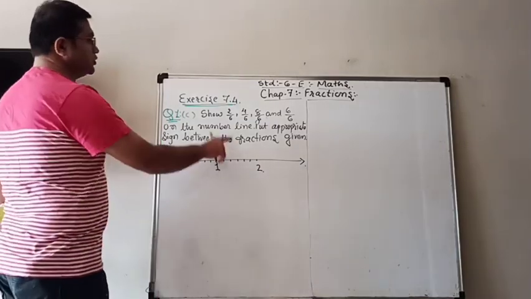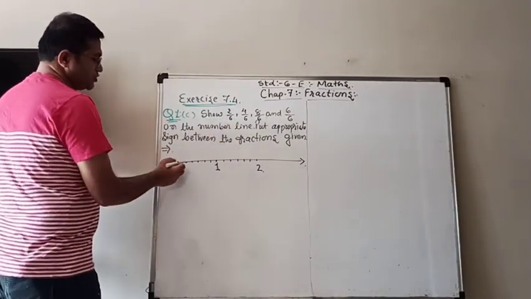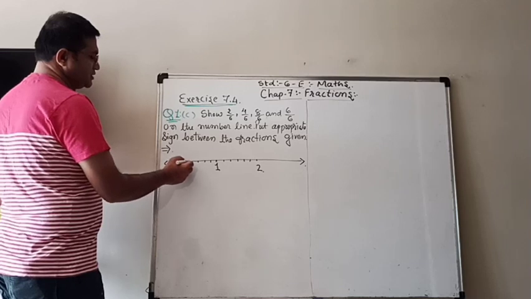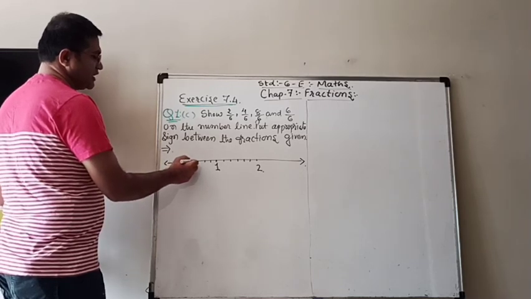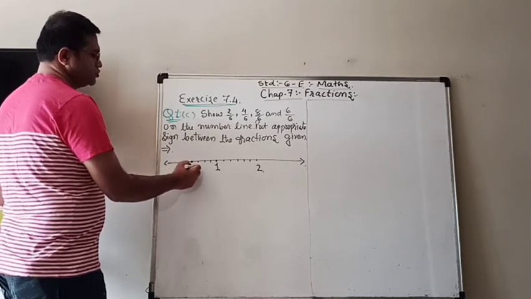Now we have to show 2 by 6. So here 0 is 0 by 6. This is 1 by 6. So that is our 2 by 6.